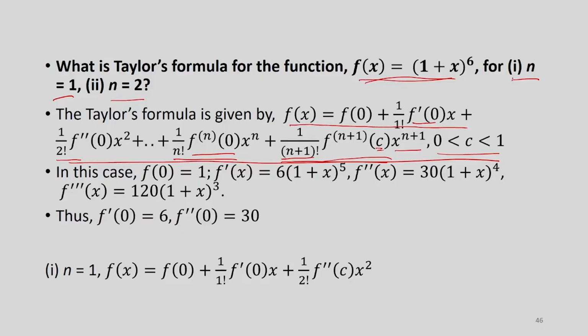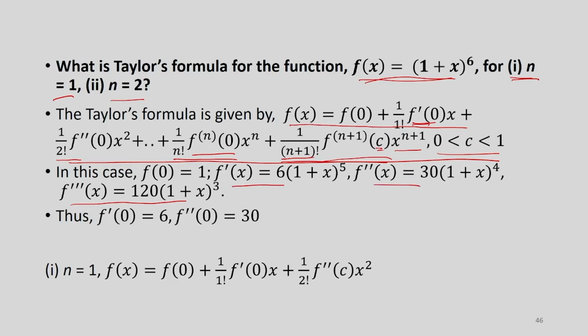We just have to find out, if n is equal to 1, then what is the function equivalent to by using the Taylor's formula. We have to first find out what is f dash of x, f double dash of x, also f triple dash of x, that also will be required, and then we have to find out what are these functions at x equal to 0.